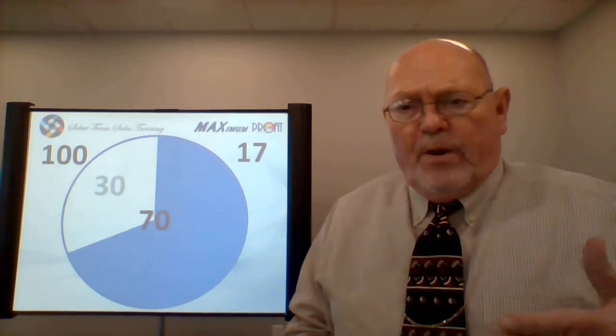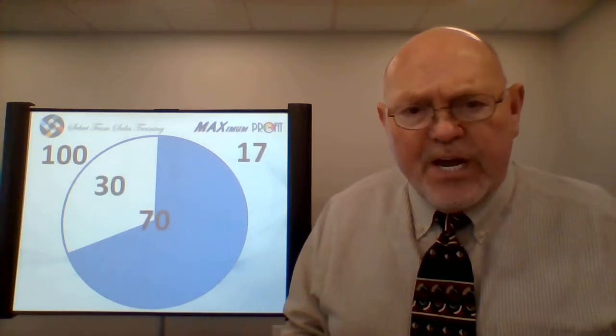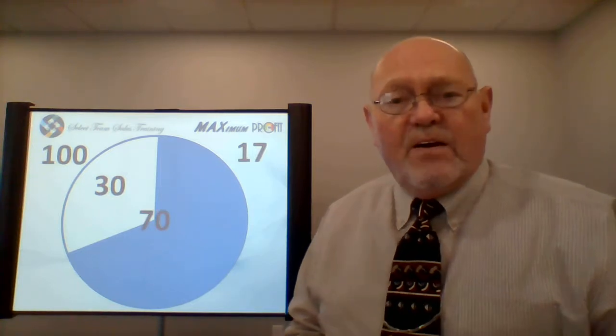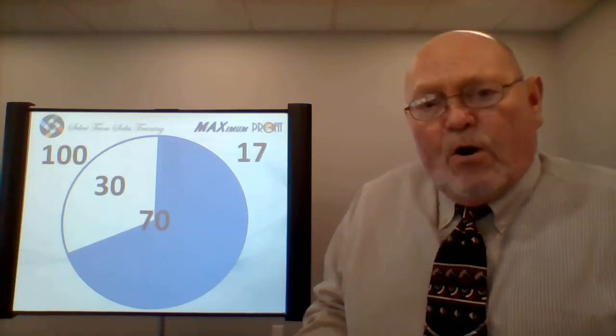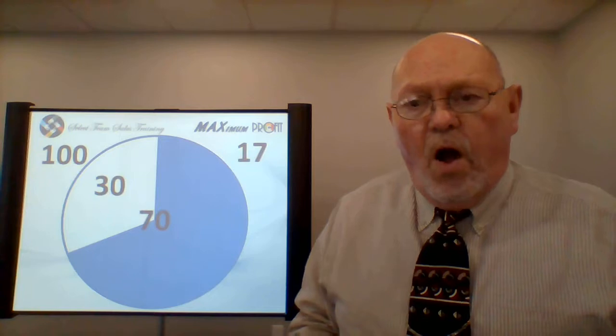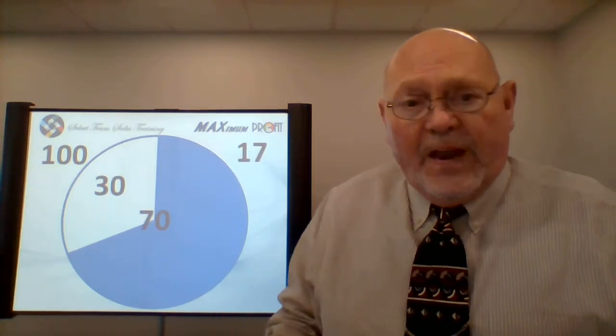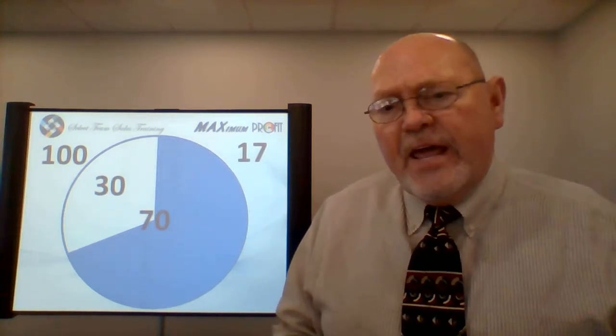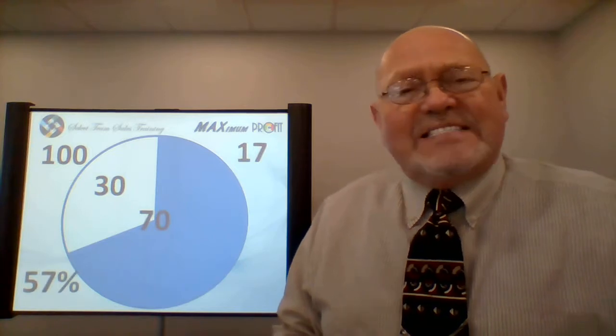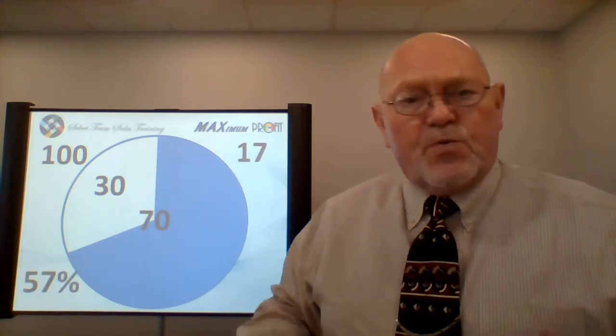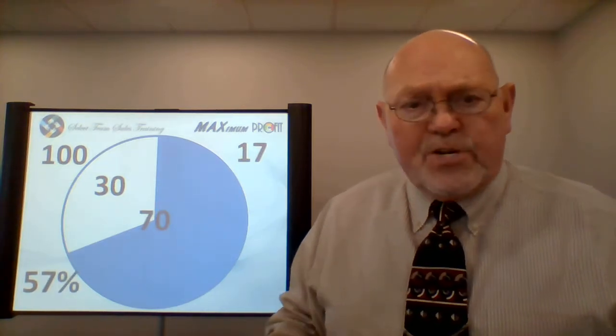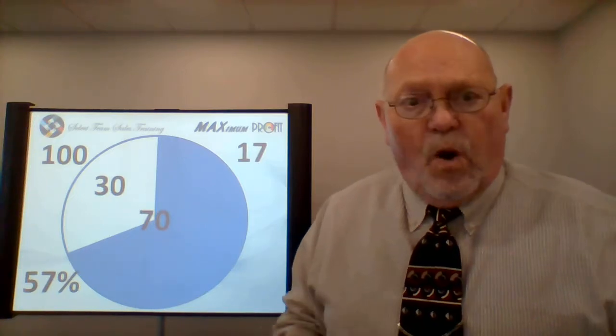So we only bring 30 people in to even negotiate the deal. Now, if we're only bringing in 30 people to negotiate the deal and 17 of those people are buying, those people want a car before they leave their house. 17 of 30 is really 57%. So we've got an extremely high closing ratio. That customer wants to buy.